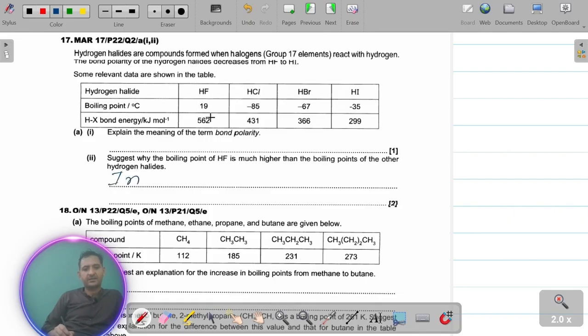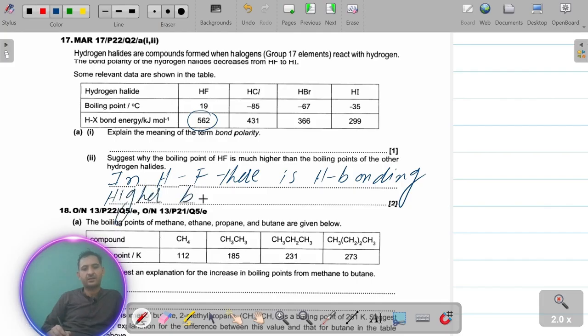In HF there is hydrogen bonding, but in other hydrogen halides there is no hydrogen bonding, and you can say there is a greater bond energy.